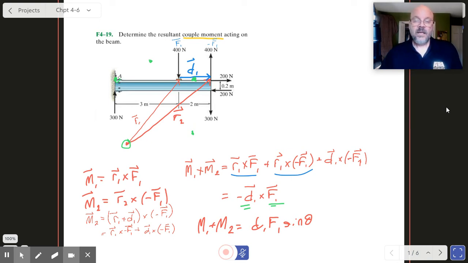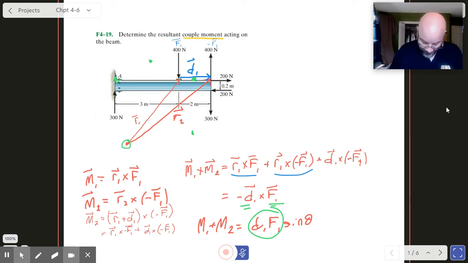So whenever we have two equal and opposite forces, the moment they generate depends on the perpendicular distance between them times the magnitude of just one of them. That works out pretty good.